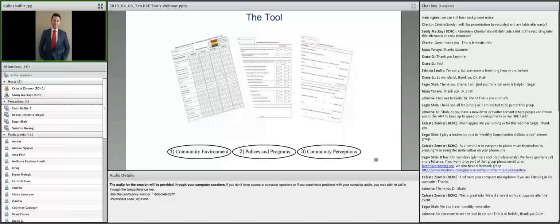Of note, in the community environment section, that's where you'll see discussions around infrastructure and the natural environment, as well as space for people to talk about the seasonality of physical activity. Especially up north in Canada, physical activity often changes season to season and may look drastically different in the summer than it does in the winter.